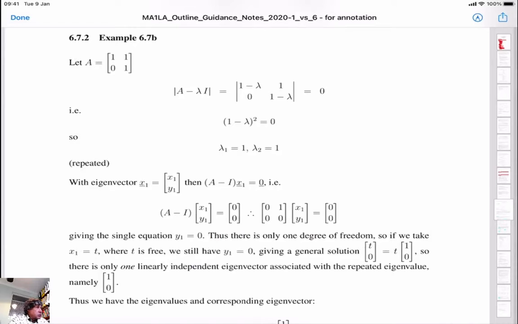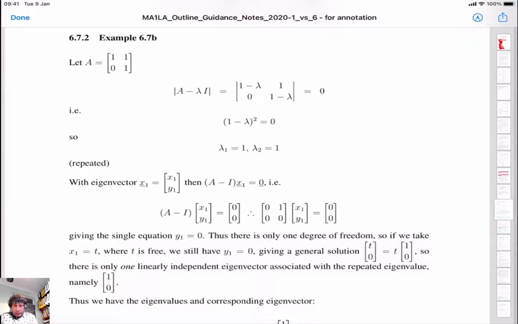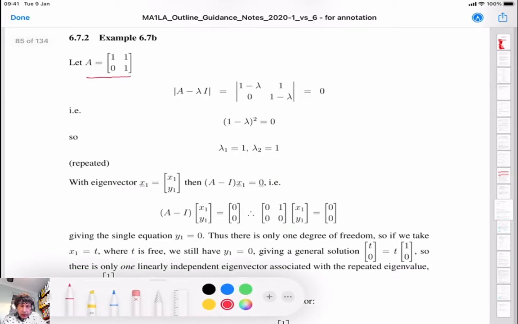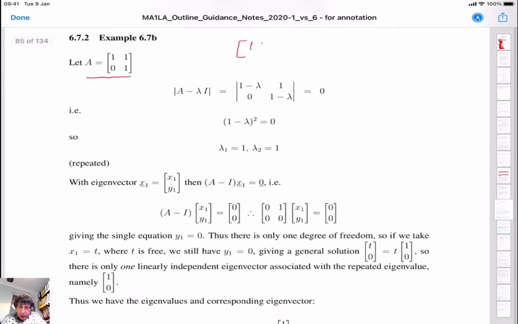Turning to 6.7b, we see that the matrix A under consideration is similar but not identical to the identity matrix we looked at before. The previous matrix in example 6.7a was this, and so we've altered this 1, 2 element to be 1.